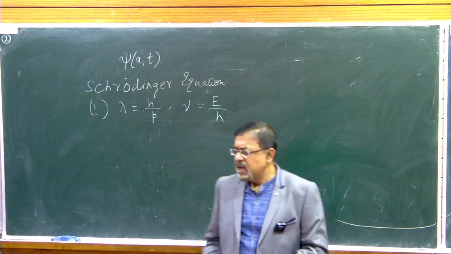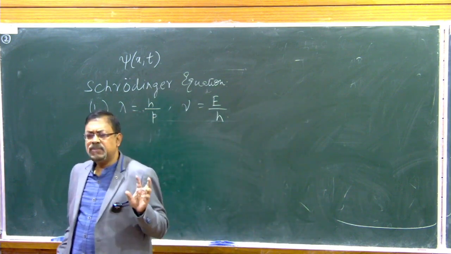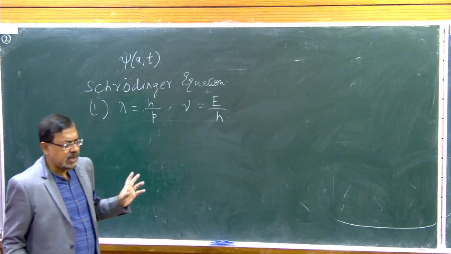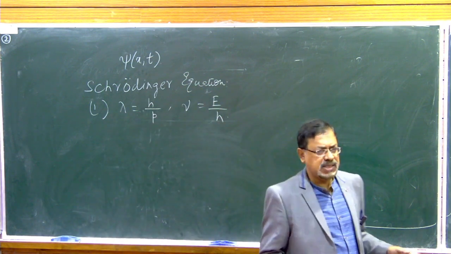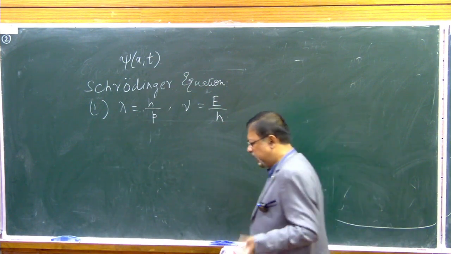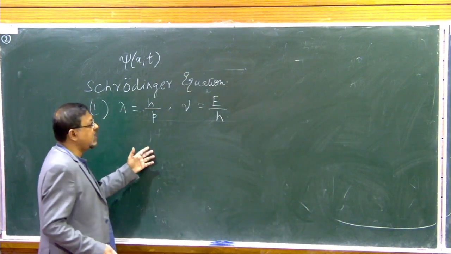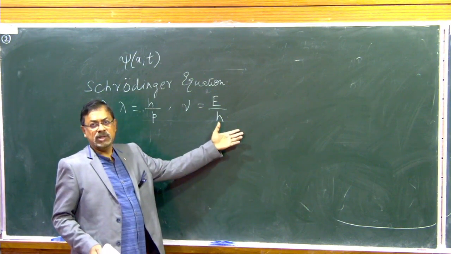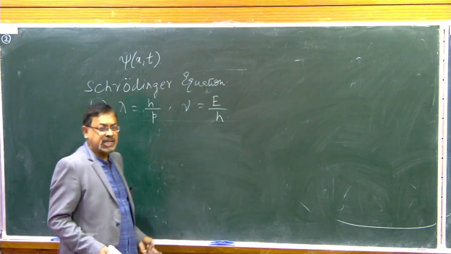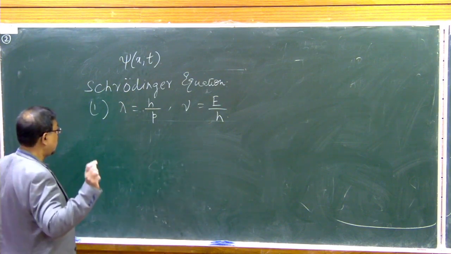This was Planck's idea initially, that the energy of photons is quantized in terms of their frequency as h nu, and nothing between E equal to h nu and 2h nu is possible. So there's nothing like 1.5 h nu.